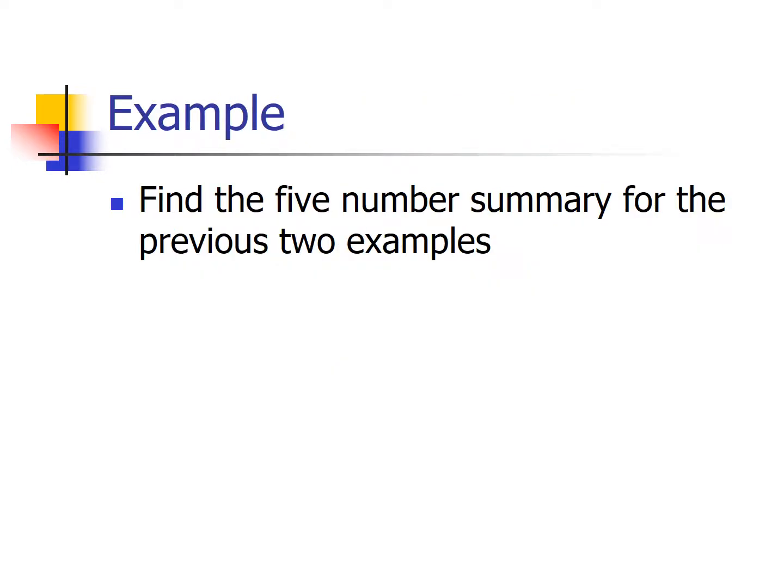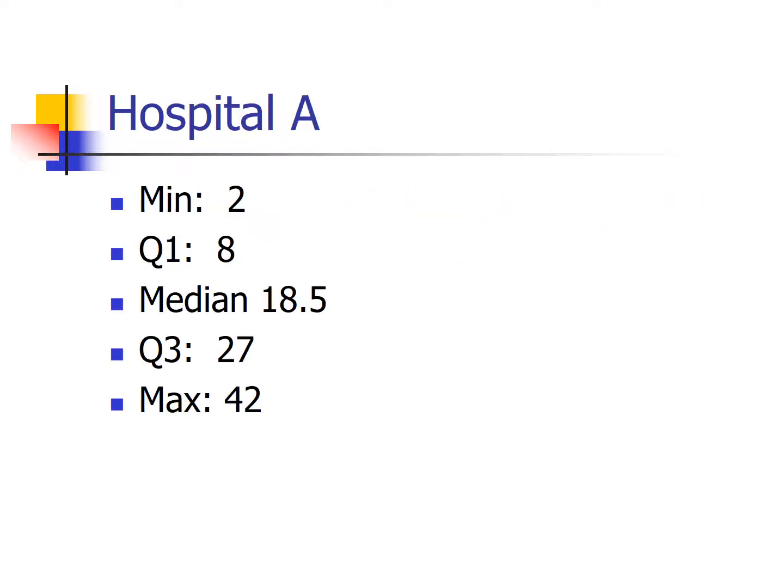But before we do it, let's do the 5-number summary for the previous 2 examples. Again, to get some of these numbers, you would have to look back at the previous PowerPoint. If you look at it, you'll see the smallest number is 2. We had found the first and third quartile as well as the median, and I just reproduced those numbers. If you look back at the original slide, you'll see the maximum value is 42.